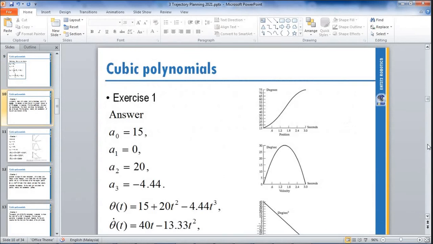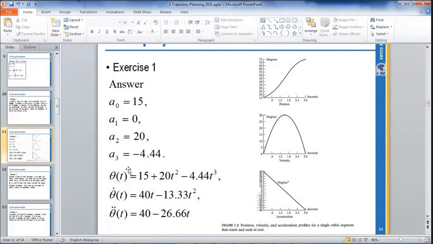When you get A0, A1, A2, A3, you can replace them back into the equations for position, velocity, and acceleration, and then you replace the t value to plot a graph.